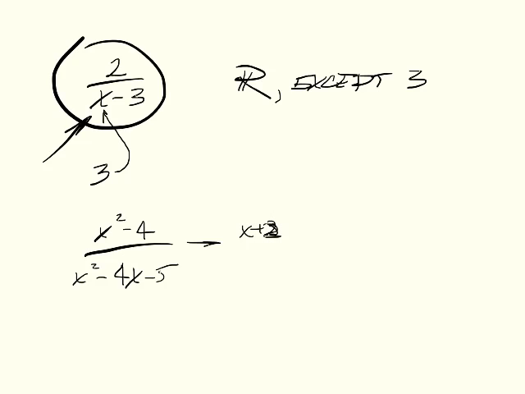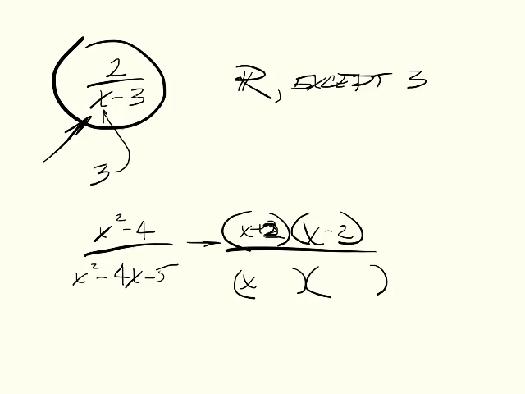It's a difference of 2 squares. Okay, so we're not asked to find the answer, just to tell what the domain is. So we've got x there and x there, and an x plus 1, and an x minus 5.